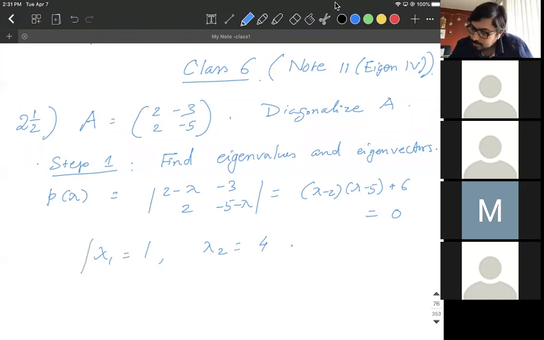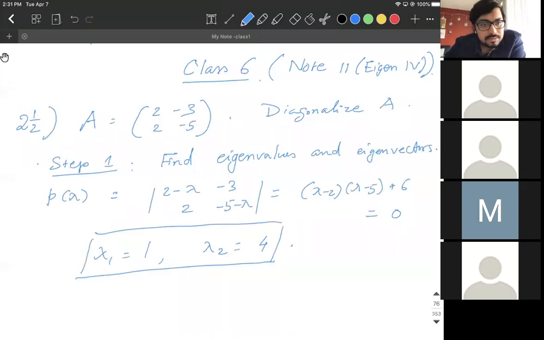So at this point, once you have the eigenvalues, can you tell me whether this matrix is diagonalizable or not before moving forward? There is one fact which we did in the last class. So what happens if an n cross n matrix has n distinct eigenvalues?